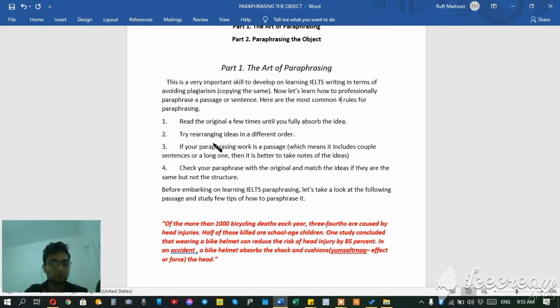So try rearranging ideas in a different order, which means try to use another means. You can change the object, or let's say the time adverbial or place adverbial. We'll discuss it in detail in a few minutes.